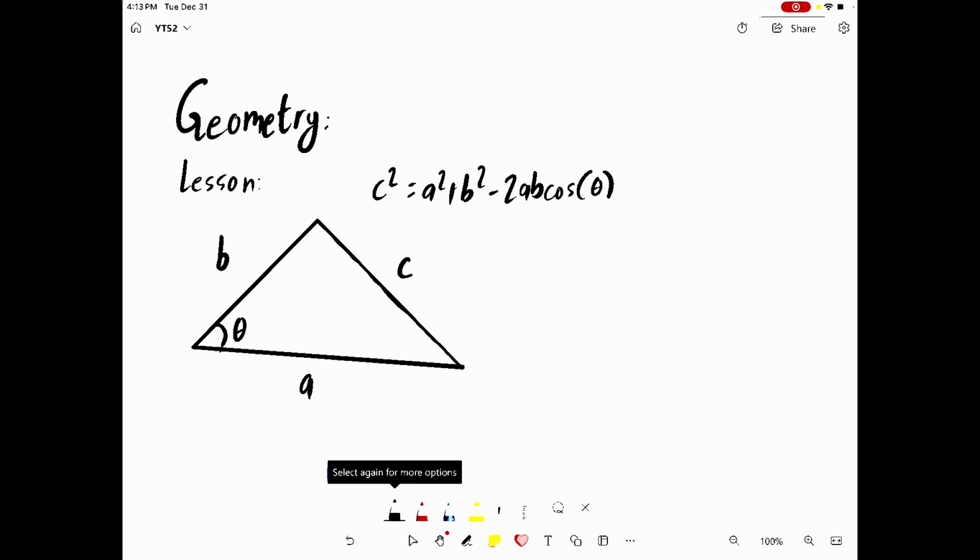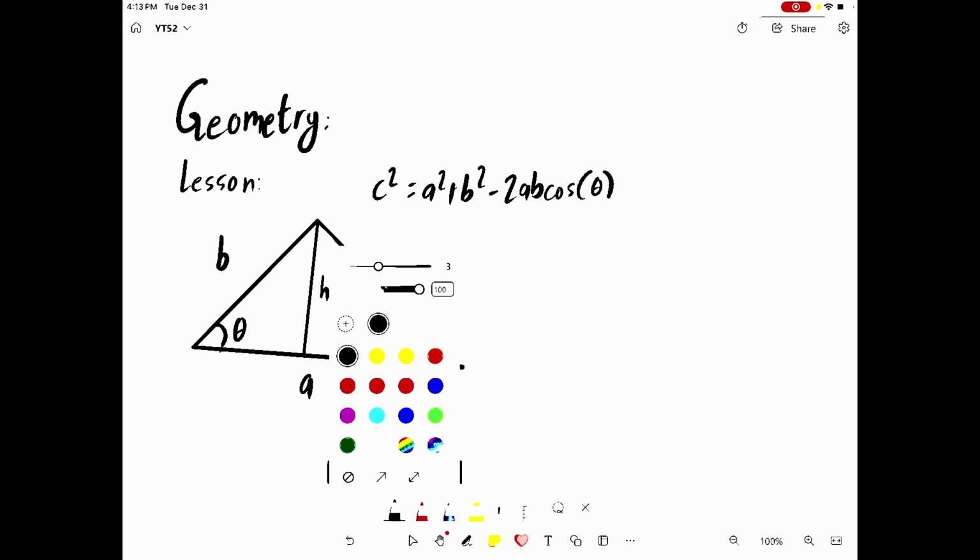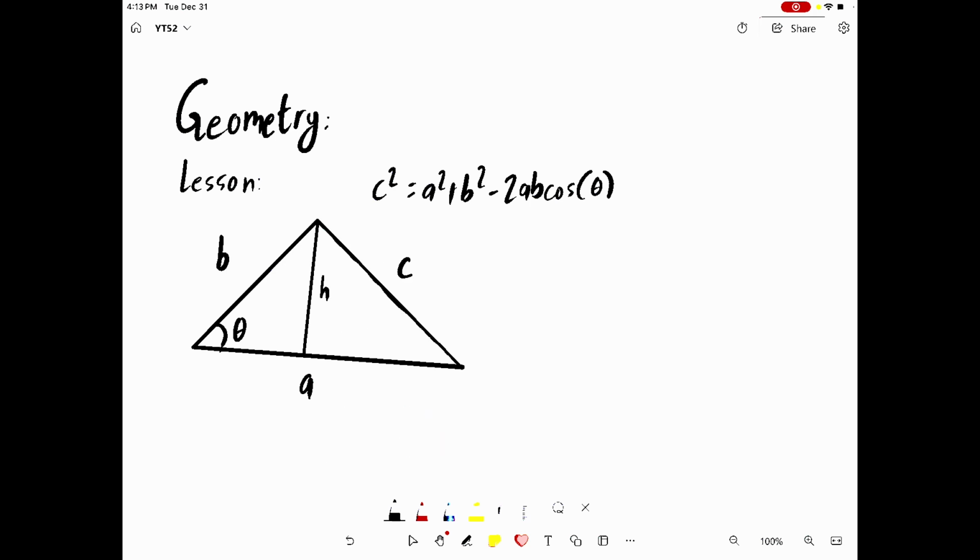What we're going to do is, you see the intersection between b and c. We're going to draw a line that's perpendicular to side a. Let's call this side h. Alright? So we call this side h, and we want to define a few lengths. Number one, we want to know what h is.